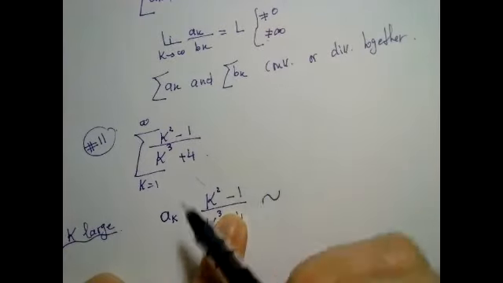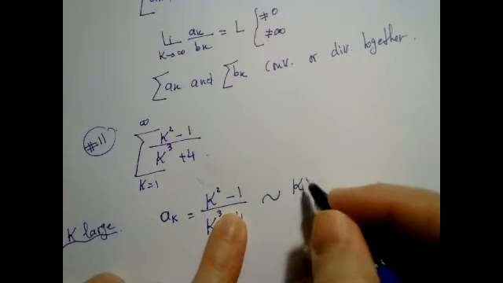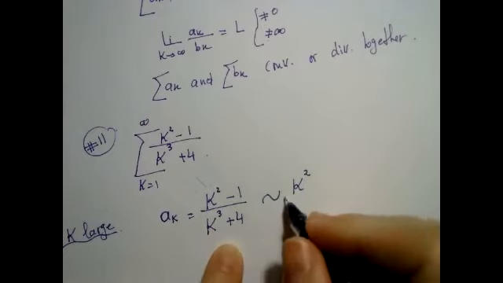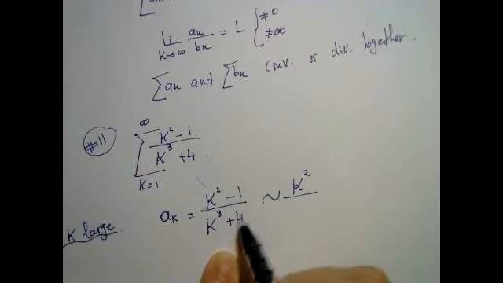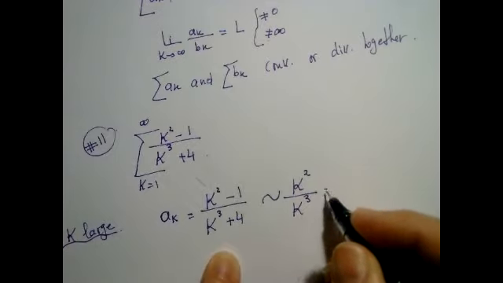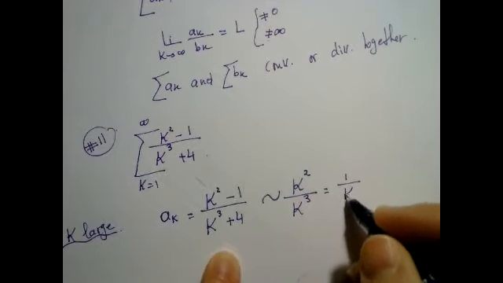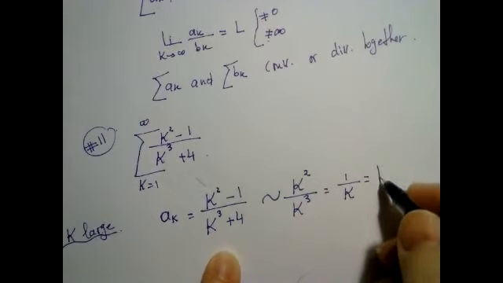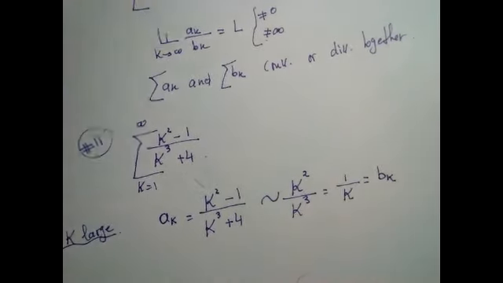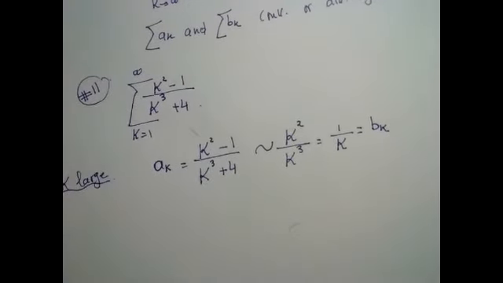Because when k is large, k squared minus 1 will actually behave like k squared. And when k is large, k to the power 3 plus 4 is going to behave like k to the power 3. So the ratio behaves like 1 over k, and that would be the series I would like to compare ak with. Okay, so that's how we choose our bk.